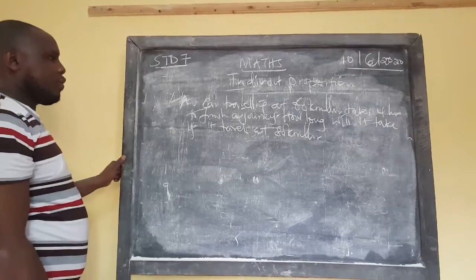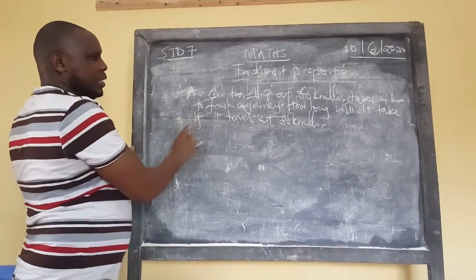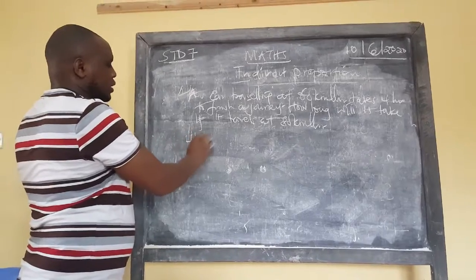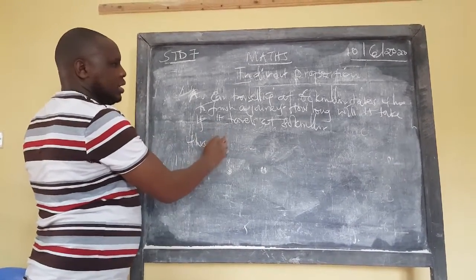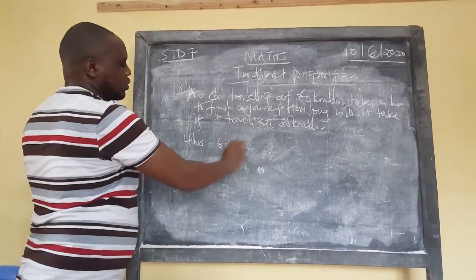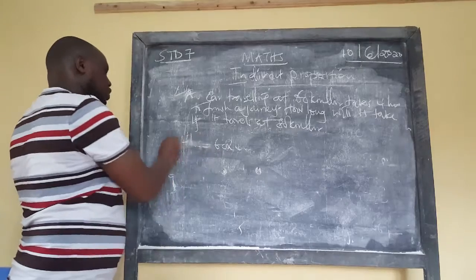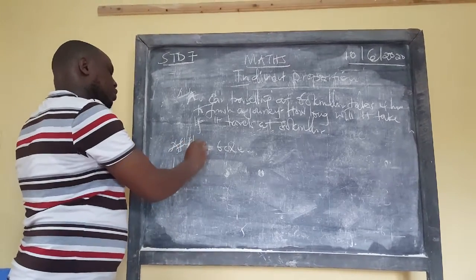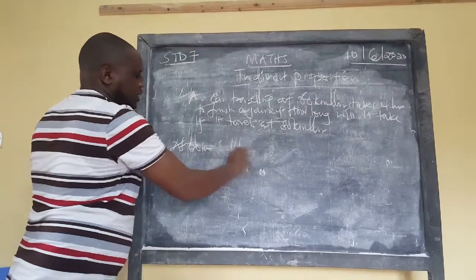Remember, in 1 hour, so in 4 hours, this car covers 60 times 4. At 60 kilometers per hour, this car takes 4 hours.